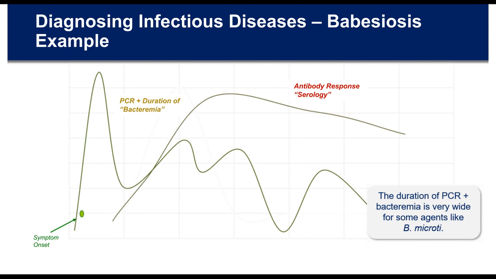So the symptoms occur. I want to remind you the symptoms will occur early in the course, if there are symptoms. And there is the diagnosis, the illustration of the window period. Throughout the whole window period, if you order serologies, by definition, they will be negative.